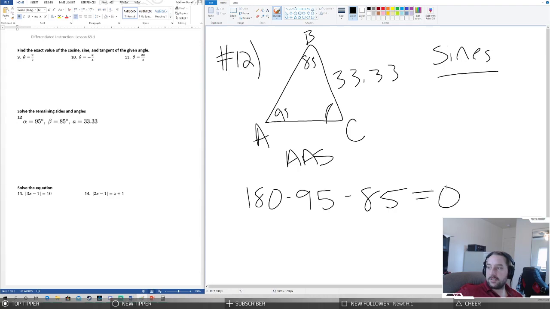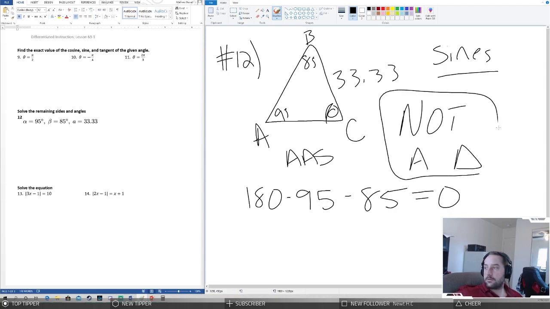Well, how is that possible? How can my angle here be 0 degrees? Well, it can't. So, not a triangle. Then we just move on. Pretty much, we just move on.